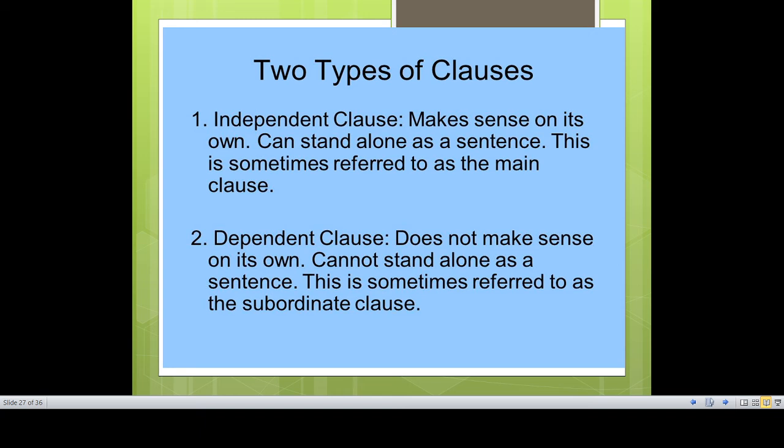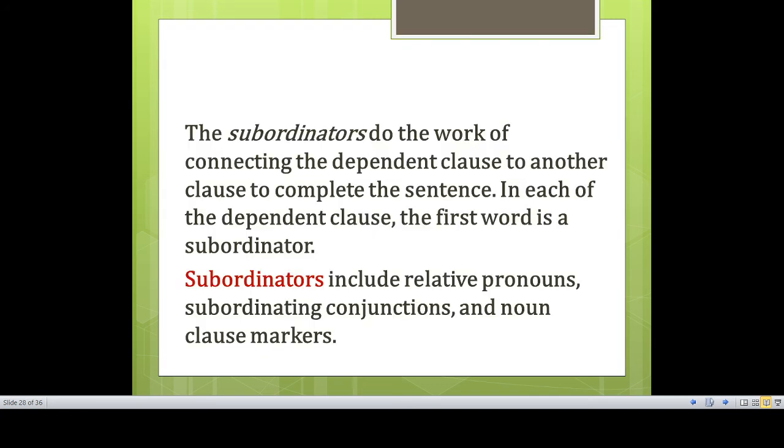More definitions. You can choose your own, whichever is convenient for you to learn it. You can see I have told you that coordinators and subordinators are used to connect sentences, and subordinators do the work of connecting the dependent clause to another clause to complete the sentence structure.